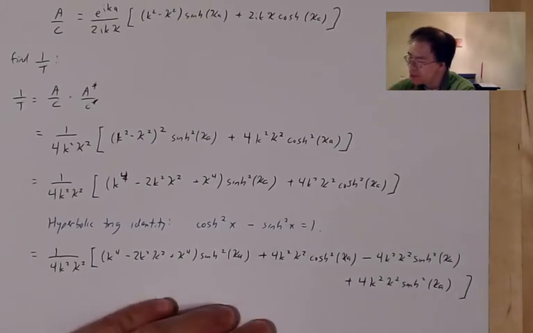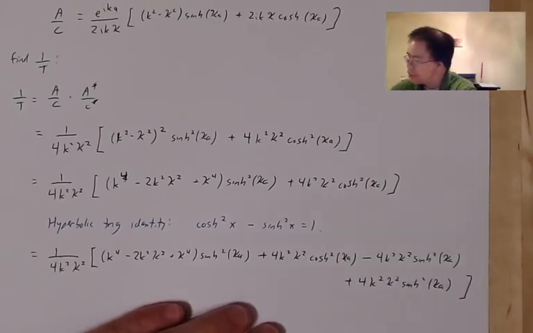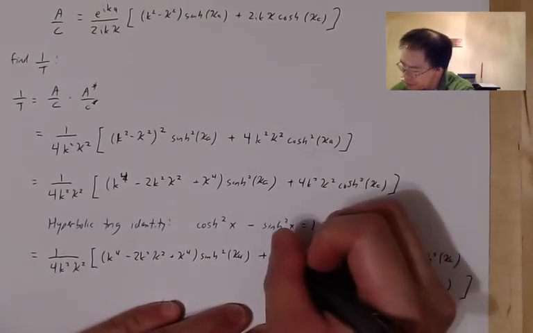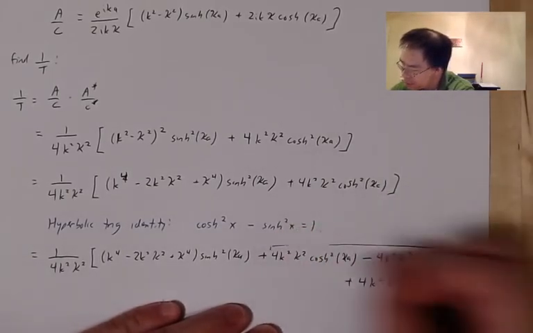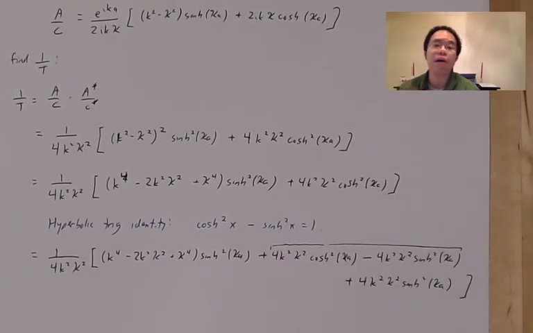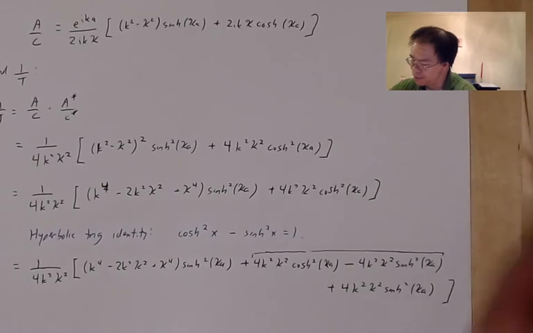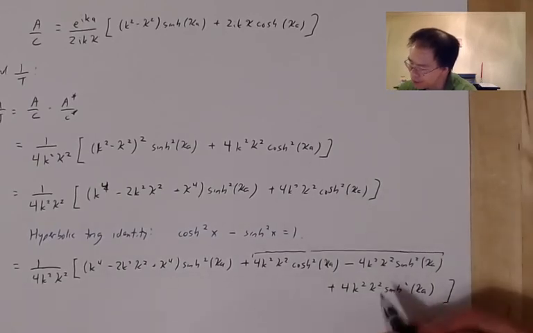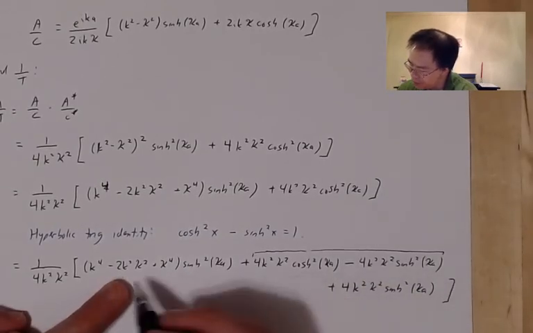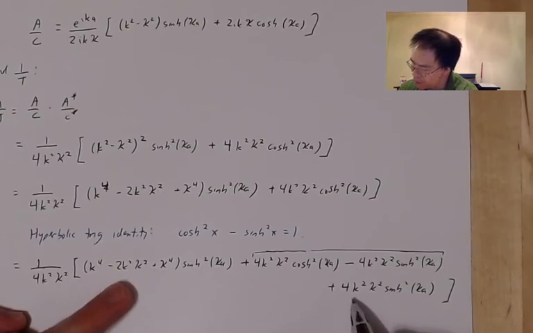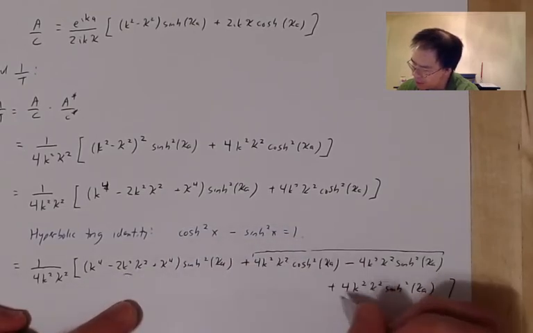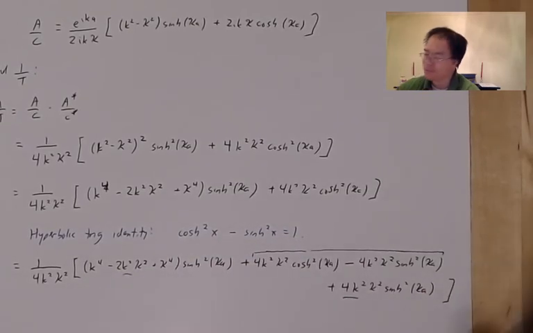Notice that this stuff now simplifies via this identity. Moreover, I can combine those two terms.